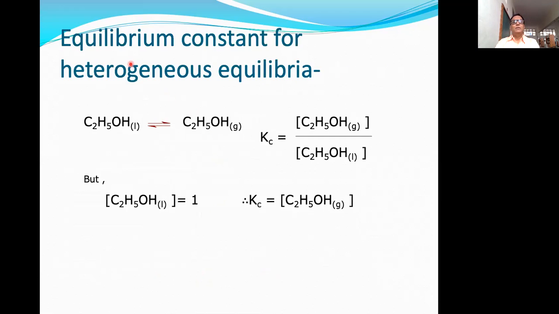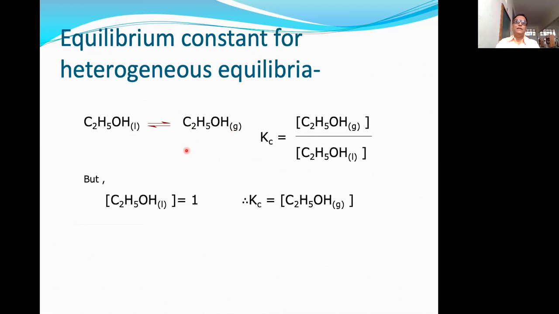Now we'll discuss the equilibrium constant for homogeneous or heterogeneous equilibrium. First we will discuss the equilibrium constant for heterogeneous equilibrium. Consider this reaction: C2H5OH liquid gives C2H5OH gaseous. So this is a heterogeneous equilibrium.